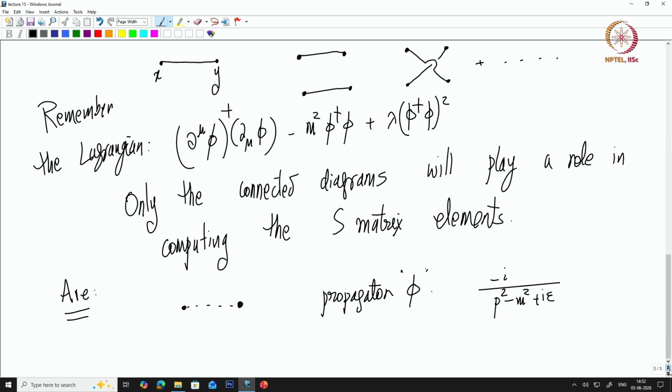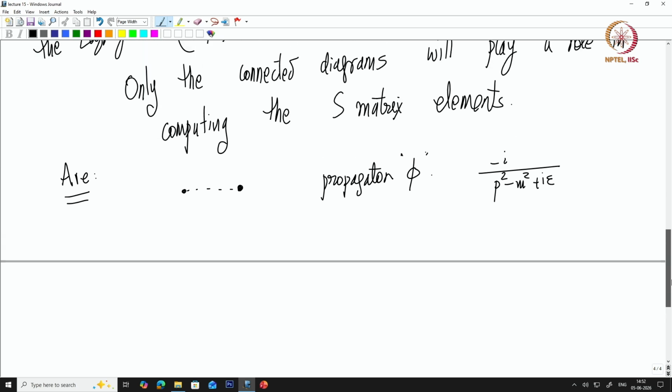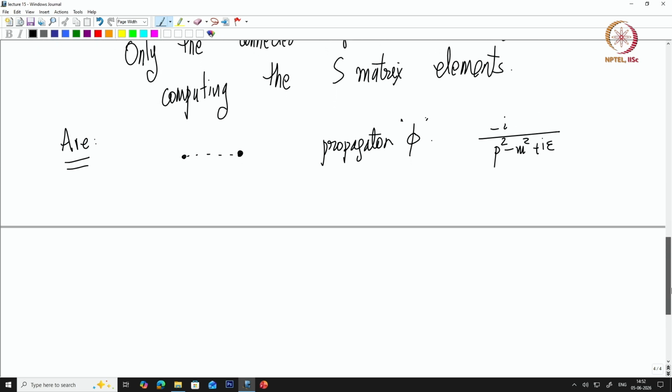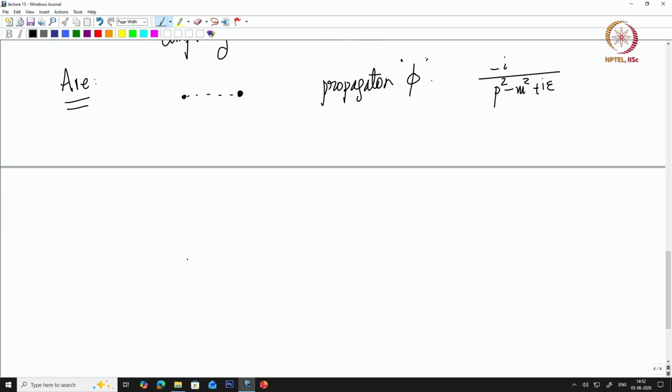Then the other thing is there is a 4 point interaction vertex with a strength i lambda. This is called a vertex essentially. Let us take all of them to be incoming for some reason.